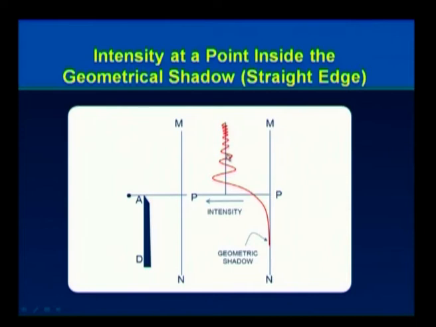The second point, where I stopped before the break, is that the distance that separates the two bands also changes. In the case of interference bands, the distance separating two successive bands is the bandwidth.